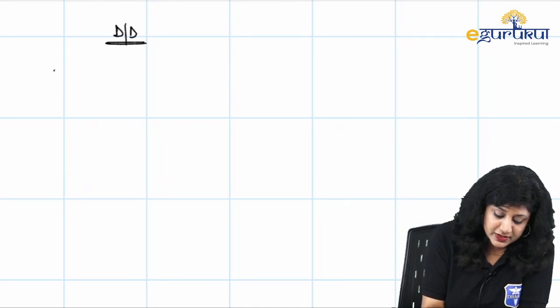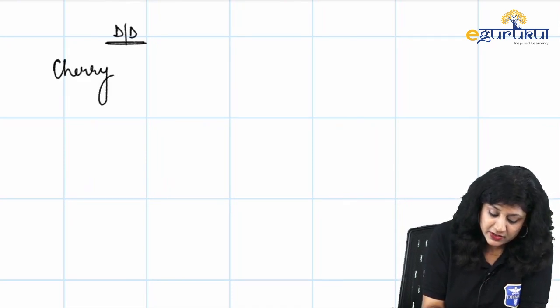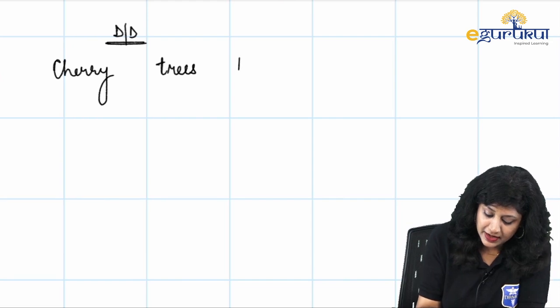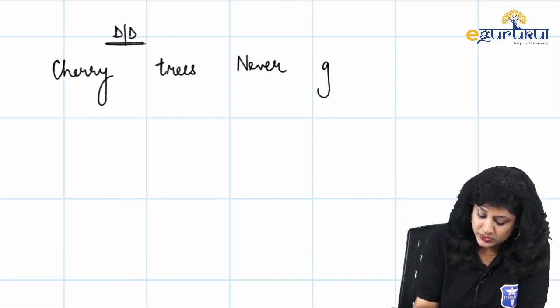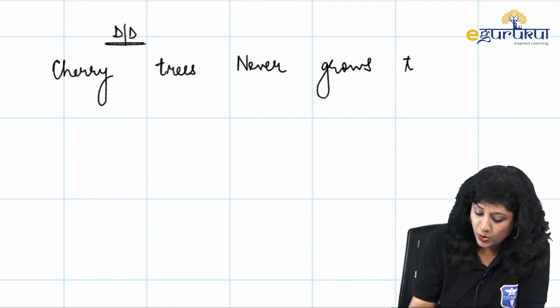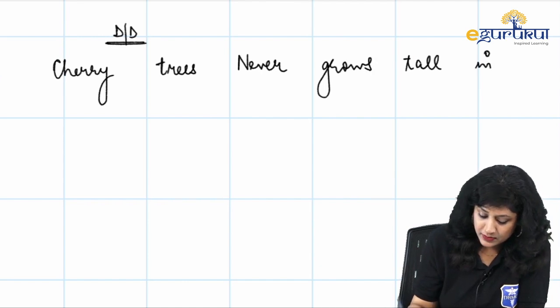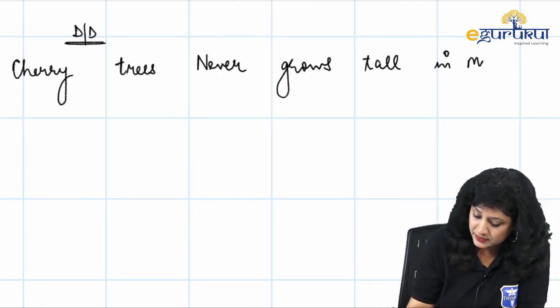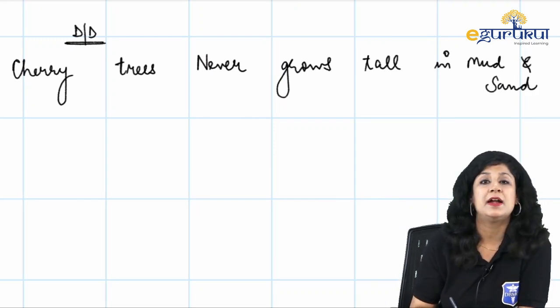Now, when you read this cherry red spot, you can't go without discussing the DD of this cherry red spot. Always remember, cherry trees never grow tall in mud and sand. They never grow tall in mud and sand.